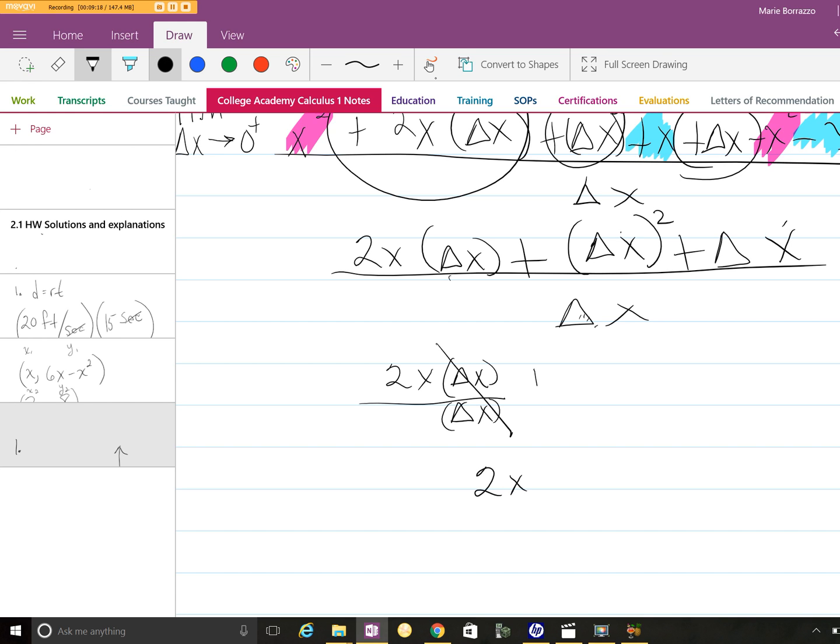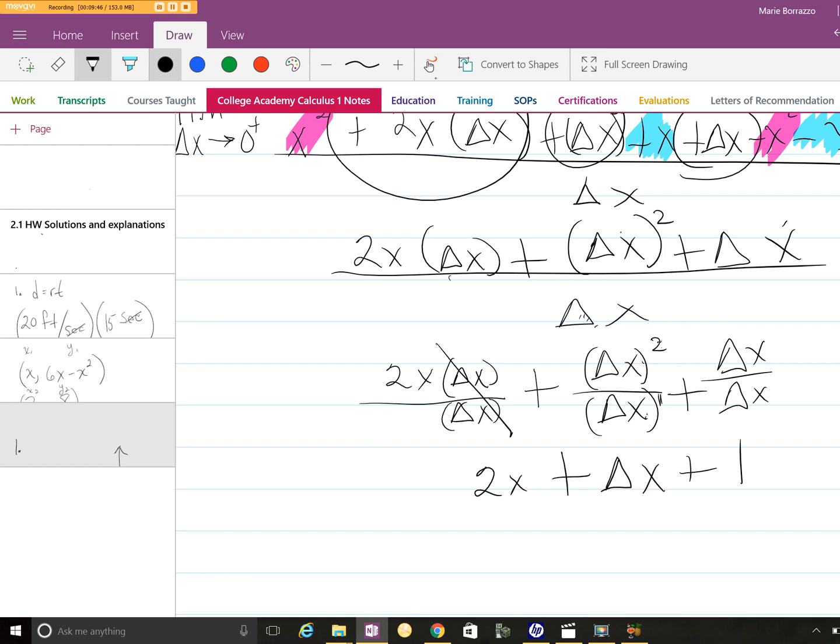If I do the same thing here, plus the change in x squared over the change in x. Notice that this is technically to the 1 power, this is to the 2 power, leaving me 1 change in x. So these two reduce. 2 minus 1, hence 1. And lastly, plus, again, the change in x over the change in x, anything over itself is plus 1.